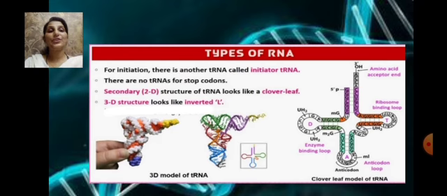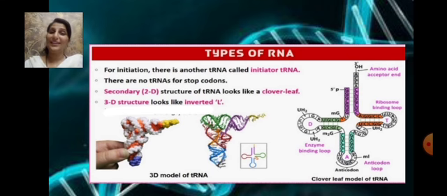For initiation, there is a specific tRNA, called the initiator tRNA, which can initiate the process of translation, and there are no tRNAs for stop codons. The secondary, 2D structure of tRNA looks like a clover leaf model. Whereas the 3D structure of tRNA is an inverted L structure.